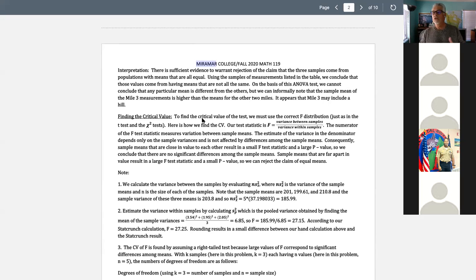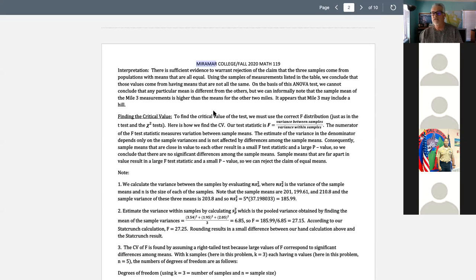Now, we could do t-tests of the 3 pairs of the 3 mile loops, but that is not the technique that we're going to do. Instead, we're going to consider all the means at the same time and use the data as evidence of whether to reject or not.